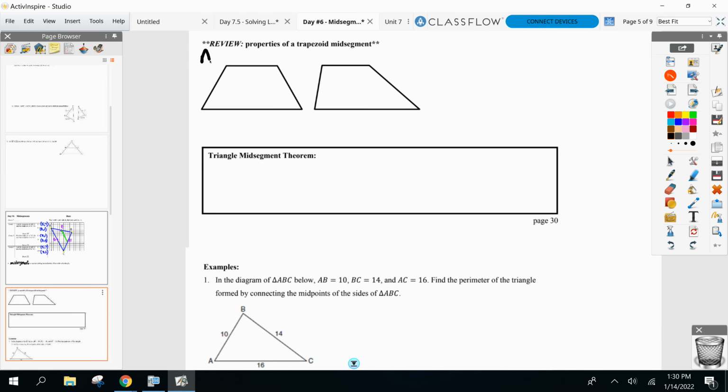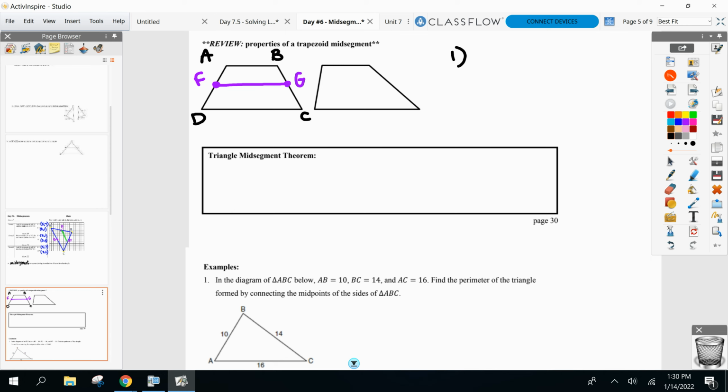I'm going to call this trapezoid ABCD. I'm going to put its midpoints on there, F and G. Anybody remember any properties about the mid-segment of a trapezoid? I'm asking for a reason because it's going to tie into the triangle.